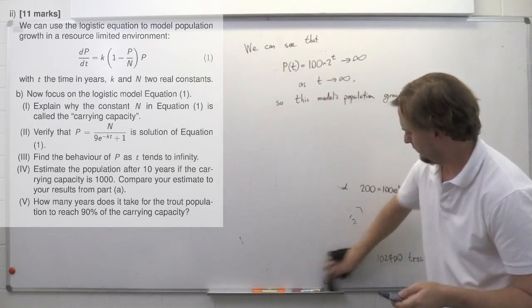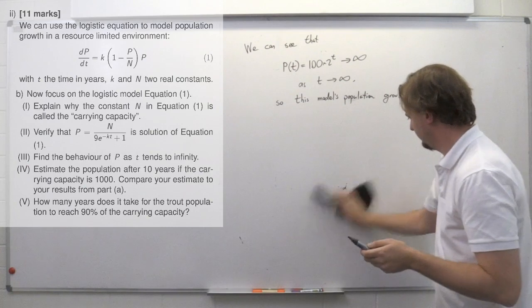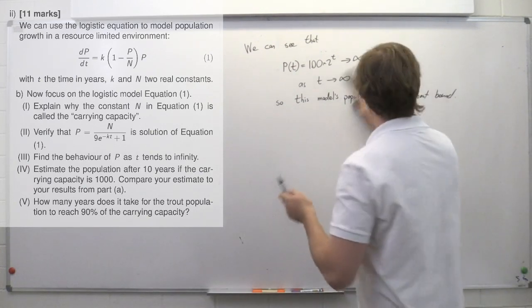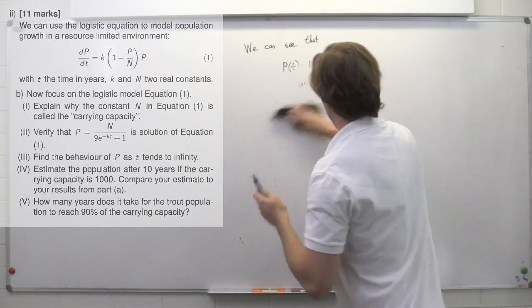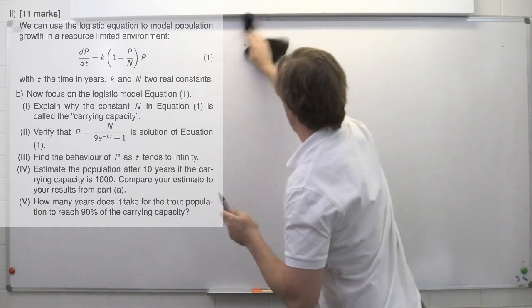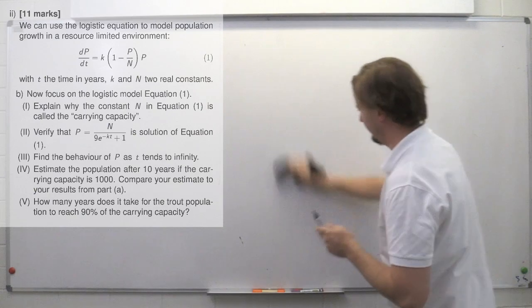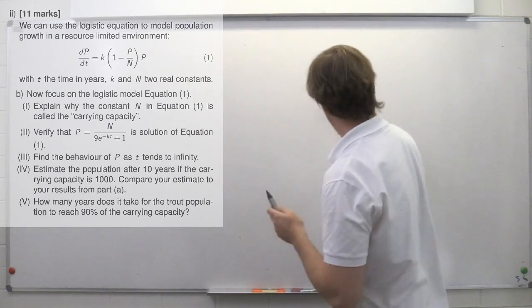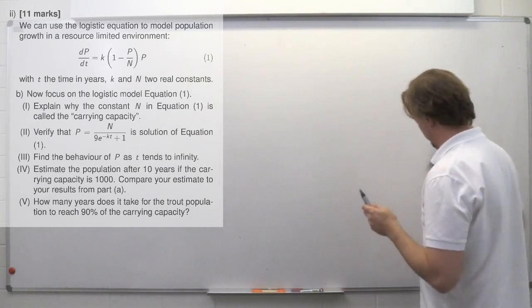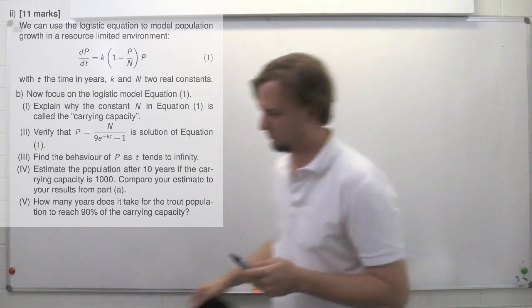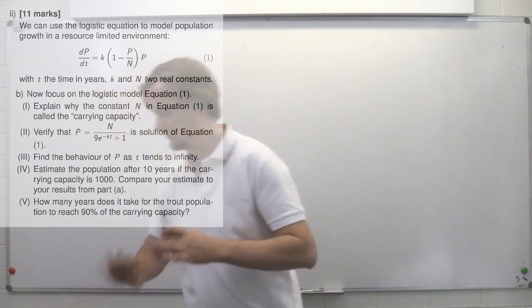So this first part is actually, I think, quite hard. It asks you to explain why this parameter in the model called n is called the carrying capacity. And you really have to think about what happens when p is close to n to get what's going on.